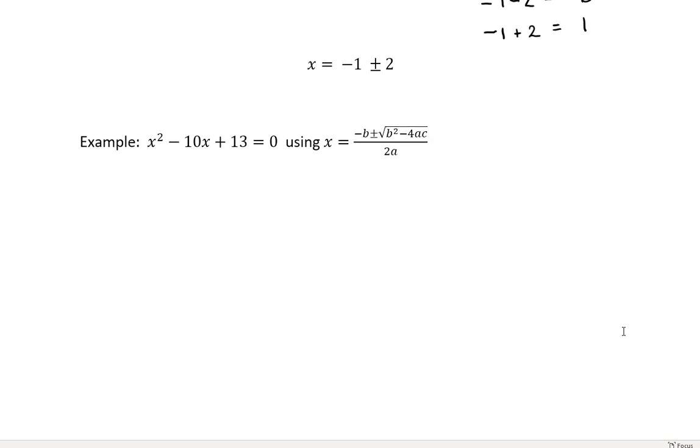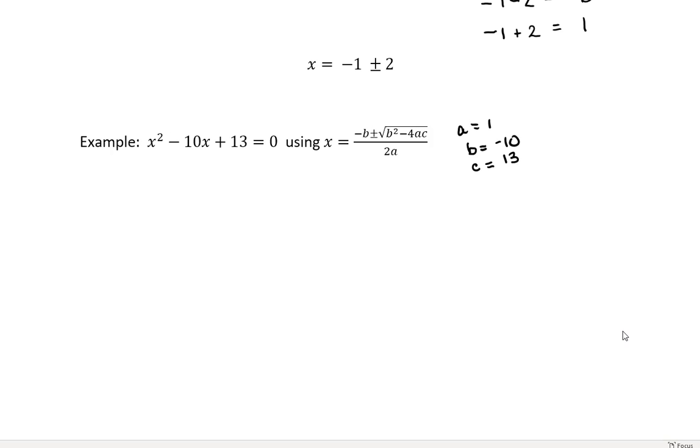So here, I'm going to go ahead and do the example for the quadratic solution. I'm going to say my A equals 1, my B equals negative 10, and my C is going to equal 13. All right, so let's go ahead and do this.